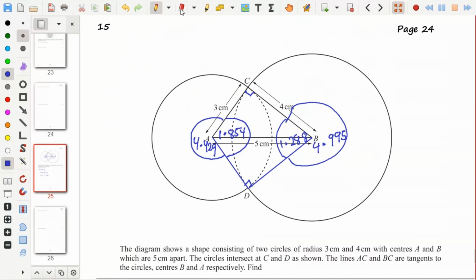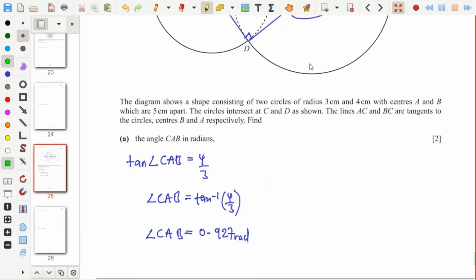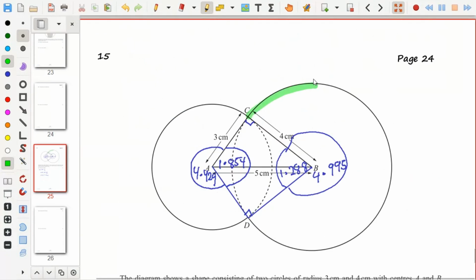Alright, so now we can go ahead and do our calculations. The length of the arc here, this one, is going to be r theta, right?